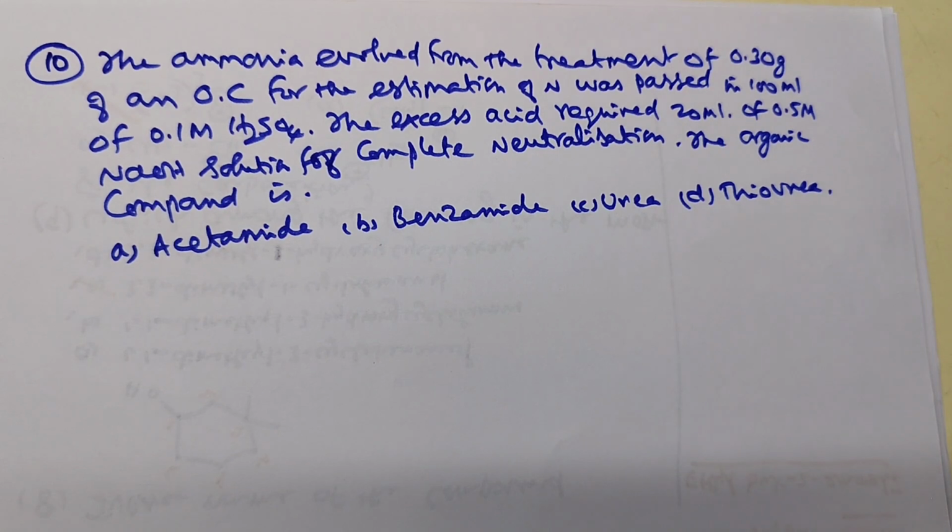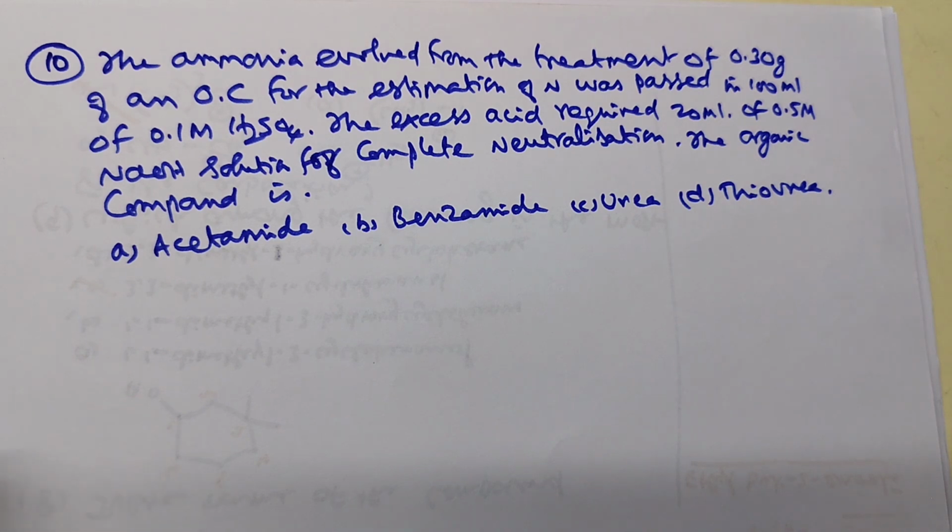The next one is an organic problem type of question. The ammonia evolved from the treatment of 0.30 gram of an organic compound for the estimation of nitrogen was passed into 100 ml of 0.1 M sulfuric acid. The excess acid required 20 ml of 0.5 M sodium hydroxide solution for complete neutralization. The organic compound is acetamide, benzamide, urea, or thiourea.